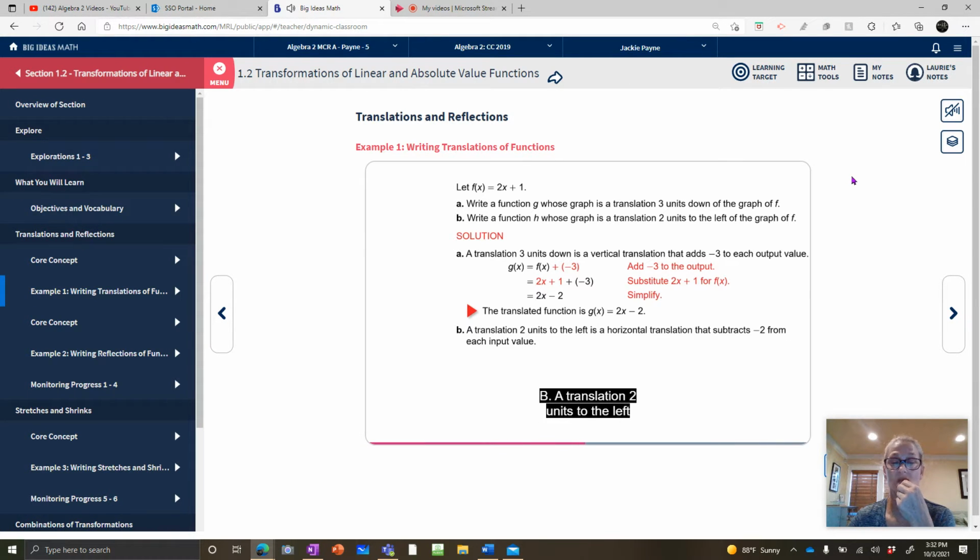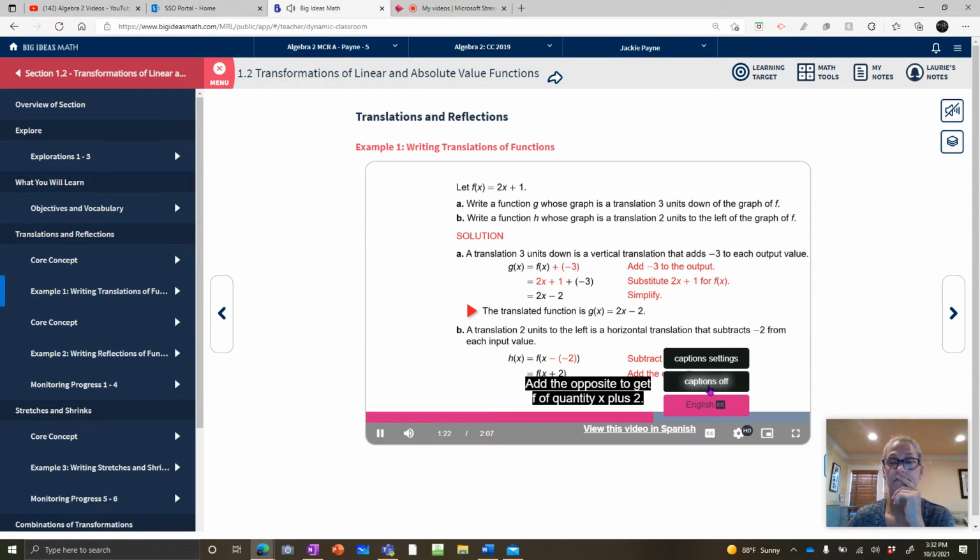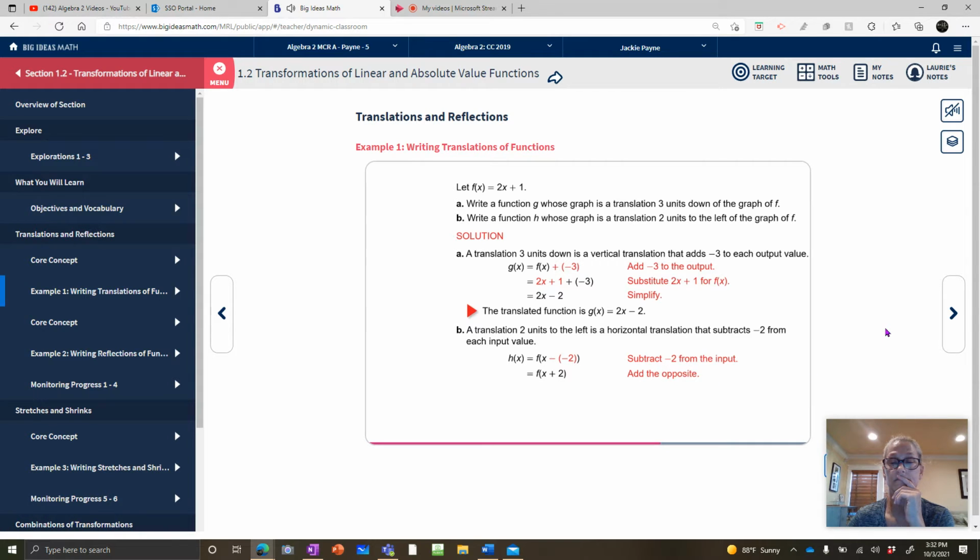B. A translation 2 units to the left is a horizontal translation that subtracts a -2 from each input value. Subtract -2 from the input value by writing h of x equals f of quantity x minus -2. Add the opposite to get f of quantity x plus 2.